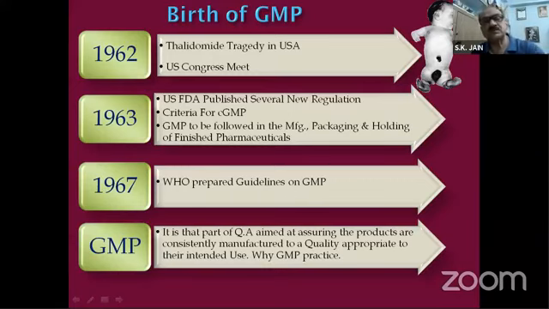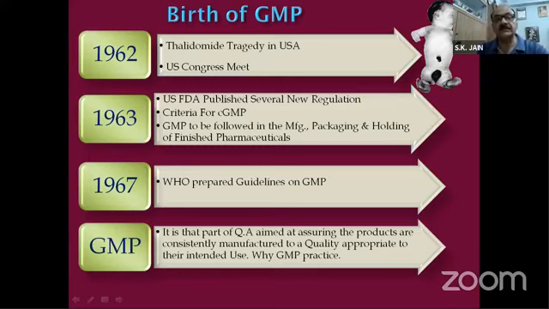Similarly, there were so many tragedies of pharmaceutical products. Then there is the sulfanilamide elixir also, where the alcohol was replaced with some non-organic solvent, so it had toxicity, right?